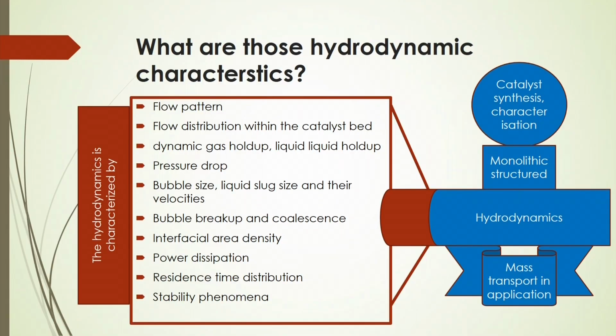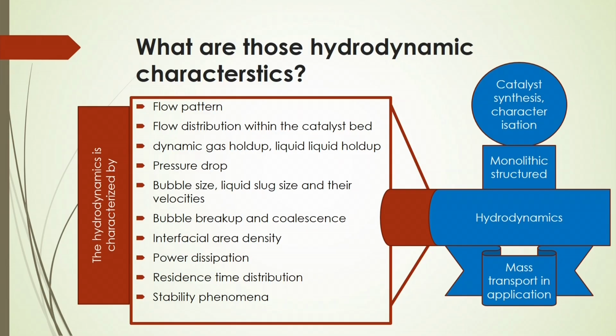Again, if you are considering gas liquid flow through the channel, there may be a gas slug, a liquid slug. So, in that case you have to know the size of that particular slug, the bubble size, and also the liquid slug size and their velocities, how those slugs will be flowing through the channel, which should be considered in the study.